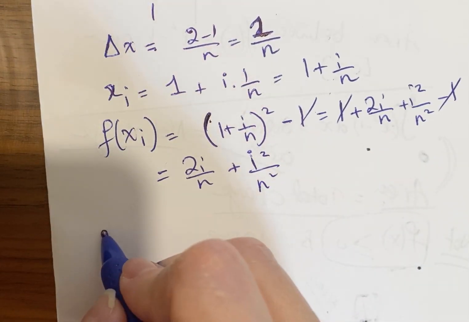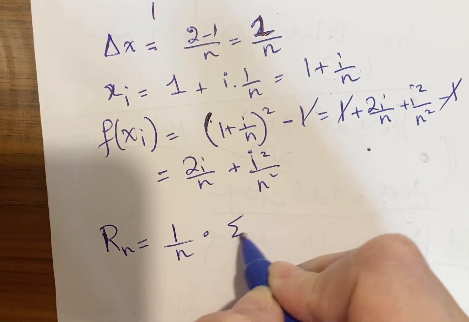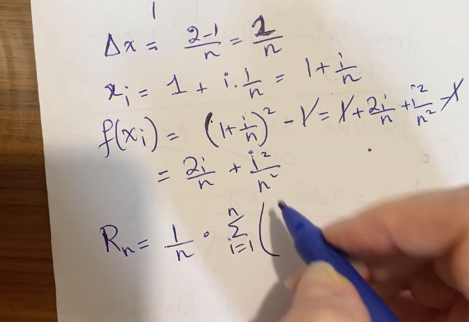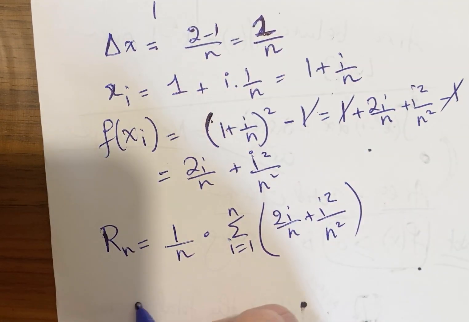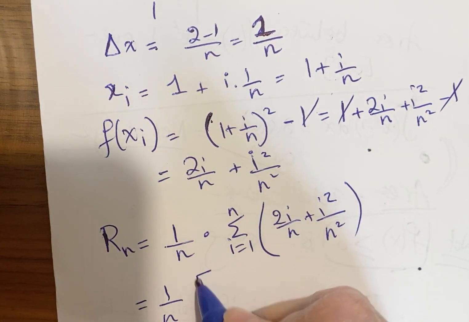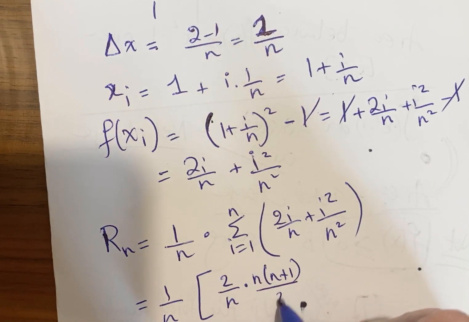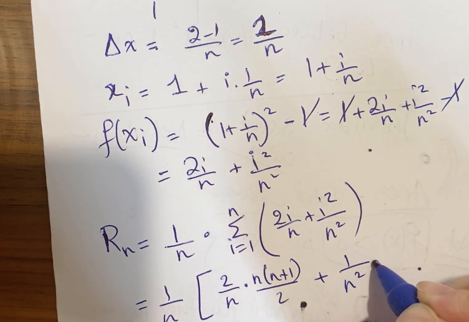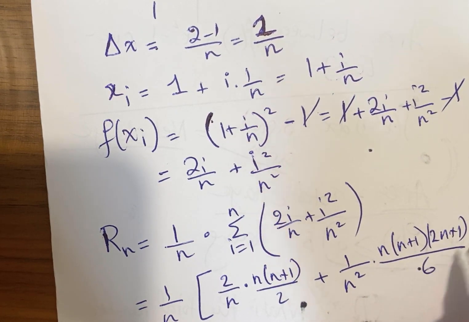Then what we need to do is get Rn. Rn is delta x multiplied by the summation from 1 to n of f of xi, which is equal to 1 over n, bracket, 2 over n summation of i plus 1 over n squared summation of i squared. I do not bother with simplification so that I do not forget anything.